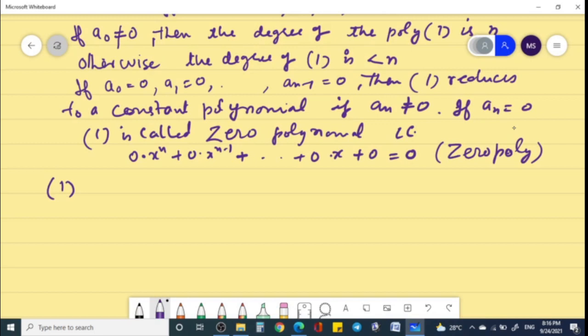Now we consider two results. First is the remainder theorem, and second is the factor theorem.